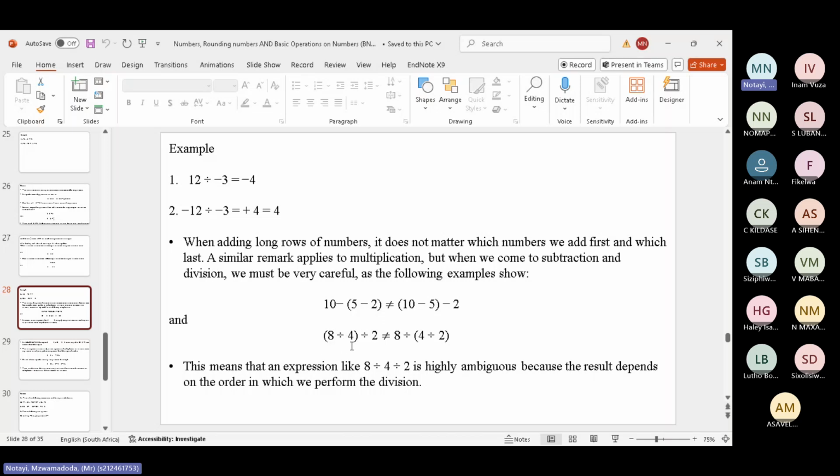And 8 divided by 2 divided by 4 is not the same as 8 divided by (4 divided by 2). This means that an expression like 8 divided by 4 and then divided by 2 is highly ambiguous because the result depends on the order in which we perform the operation.